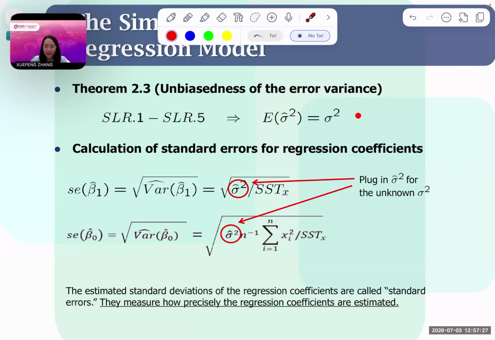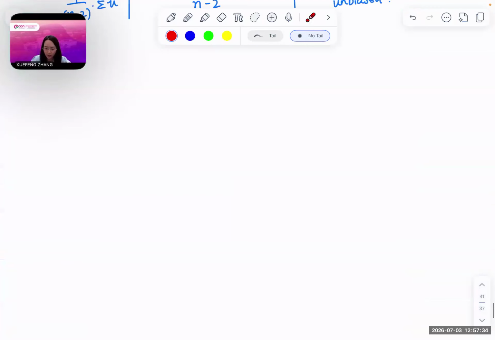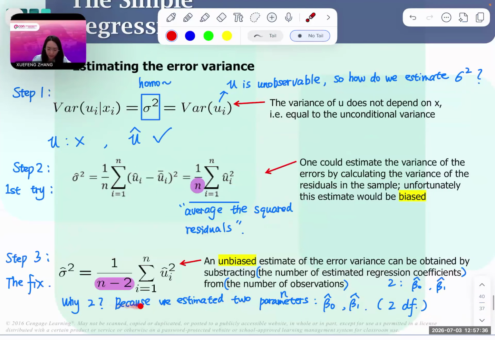And also this is our formula from the last slide. We divide by n minus 2 here, okay? Here, we divide it, let me copy it.